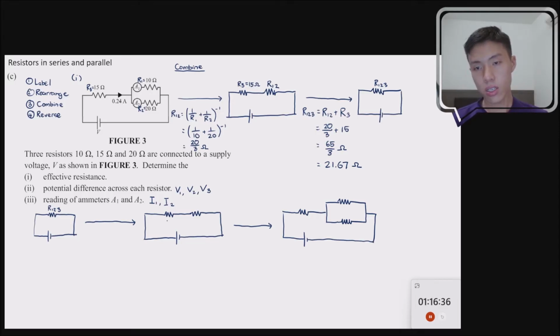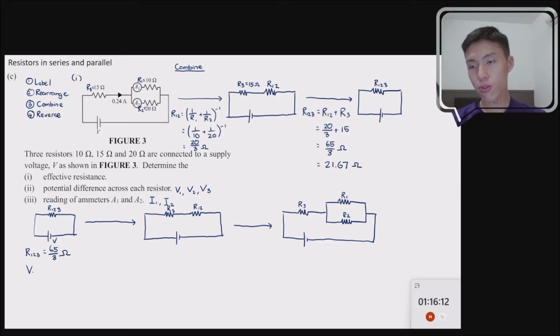Okay, so this is R3, this is R12, this is R3, this is R1, this is R2. We don't know the voltage, we just write it as V. Right now we know that R123 is equal to 65 over 3 ohm.